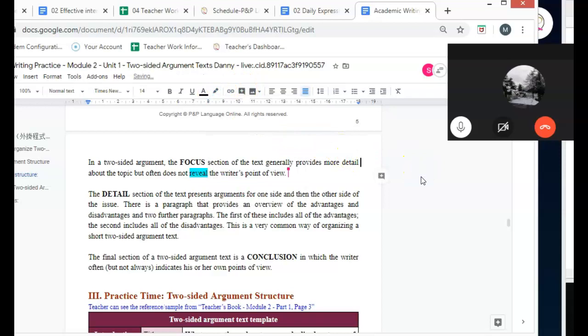The detailed section of the text presents argument for one side and the other side of the issue.